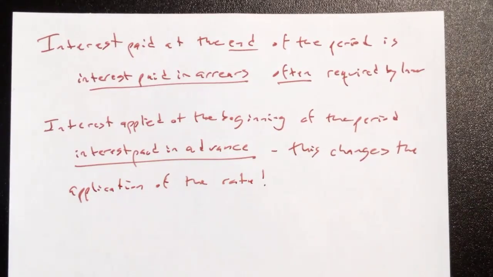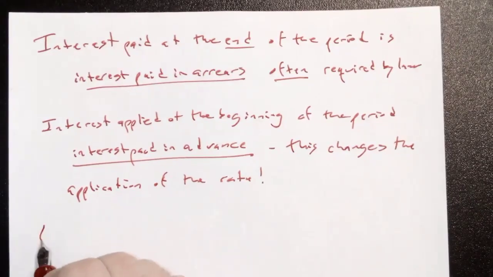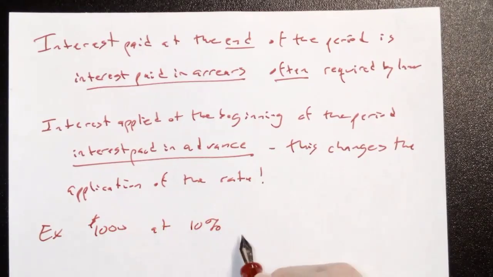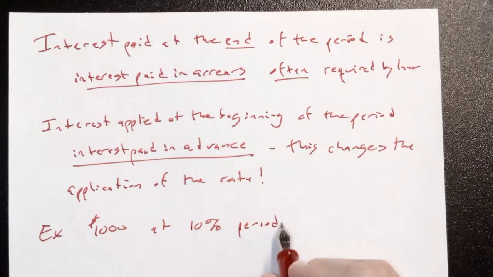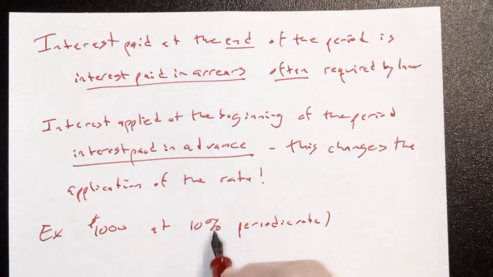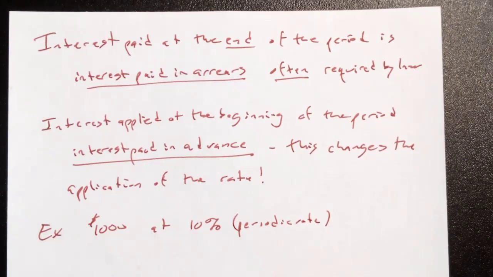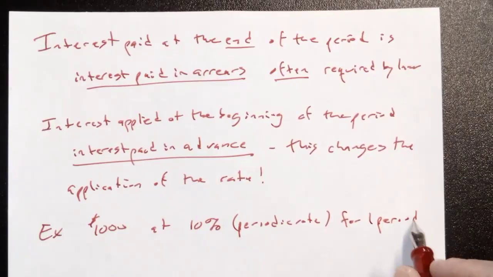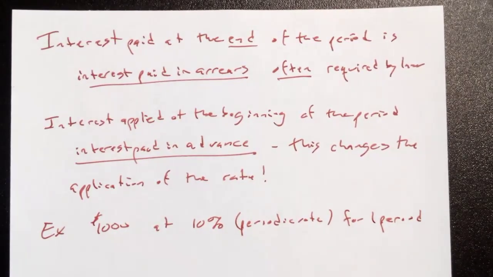So let me think about this. $1,000 at 10% per period. I don't care what the period is. For one period, just one period. So what's the interest?